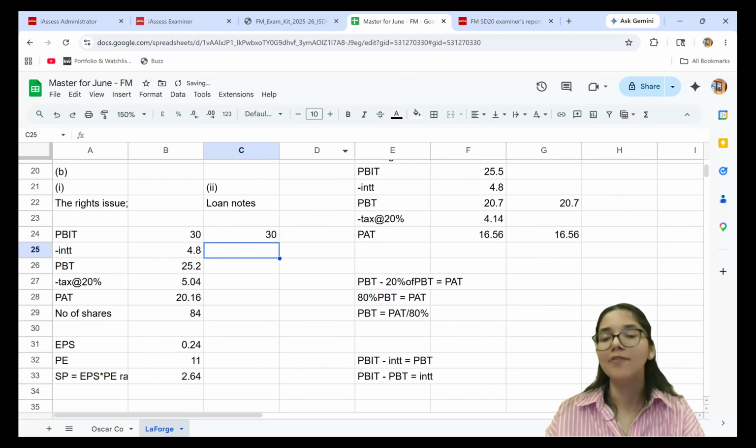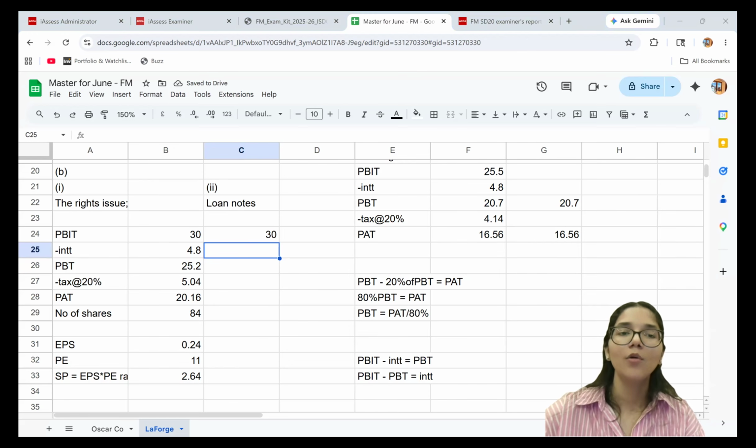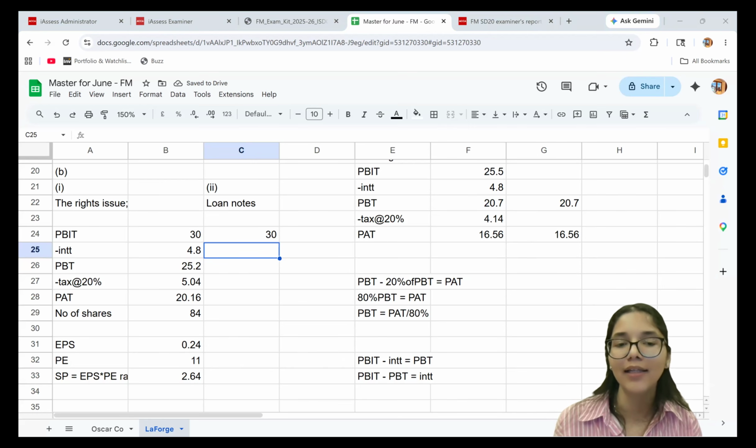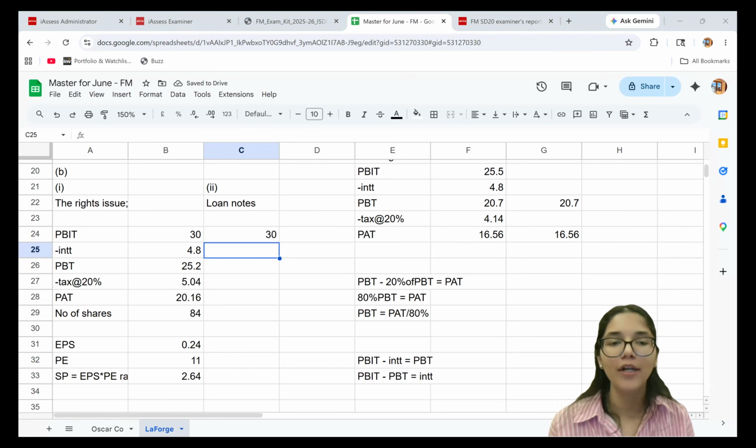Now, guys, the company went ahead with the loan agreement. So if we are going ahead with the loan notes, what will happen to my interest cost? Can I take the same amount of 4.8%? No, it's going to increase because now I have taken more debt upon which I will have to pay interest. How much money did I need for this project? 25.48.